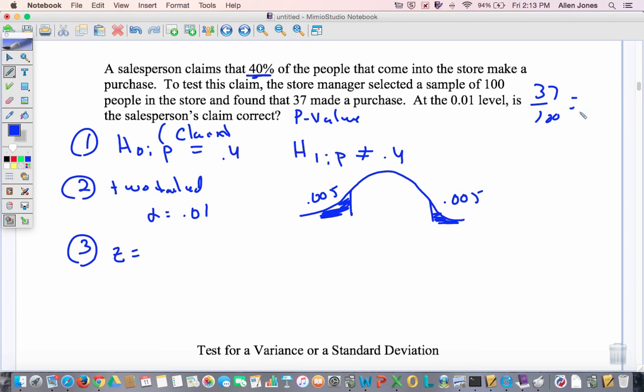Our sample proportion is the 37 out of 100 that made a purchase, or 0.37. So it's 0.37 minus 0.40 over the square root of 0.4 times its complement 0.6, over 100 people in our survey. That is a test score of negative 0.61.